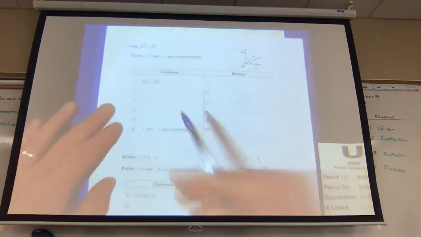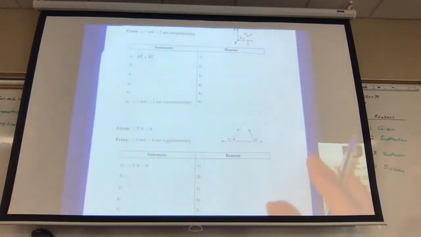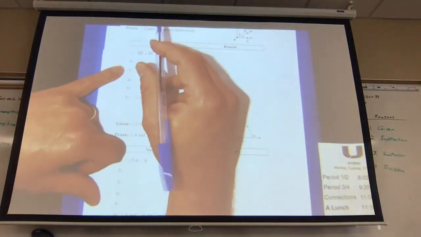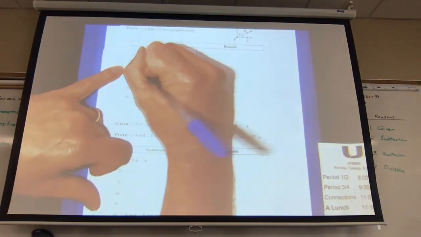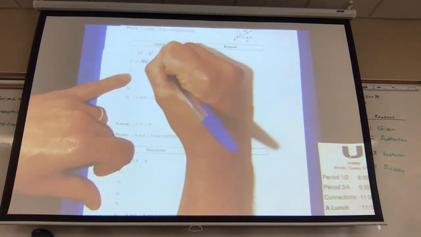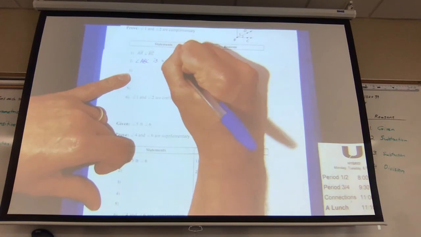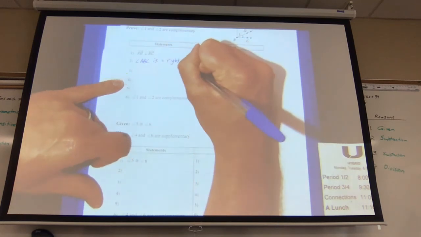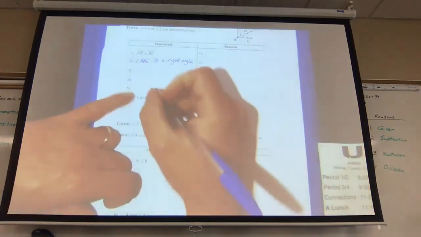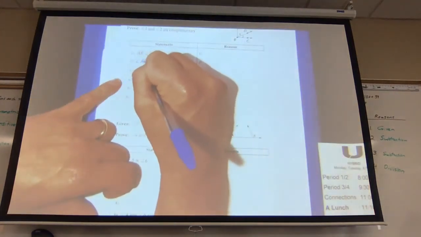And the 5th one here is one we're going to have you do on your own, but once again, we're going to fill in some of these things to make it a little easier for you. Let's just do the statements again. We're going to put angle ABC. Here's a right angle. For step 3, angle ABC is 90.